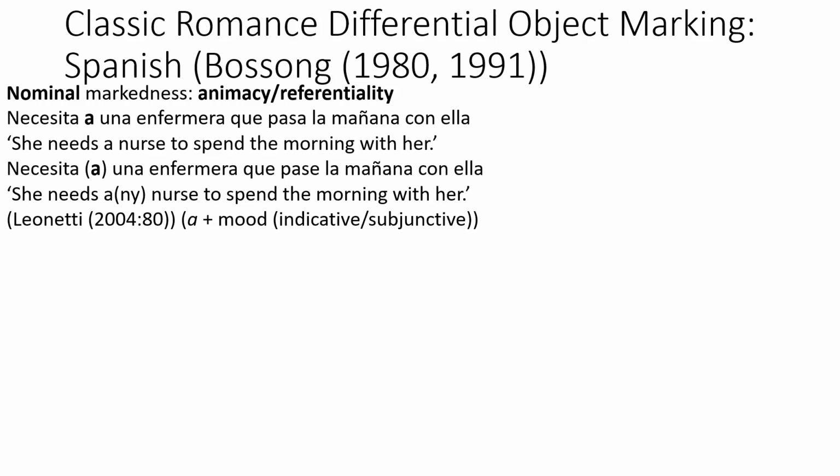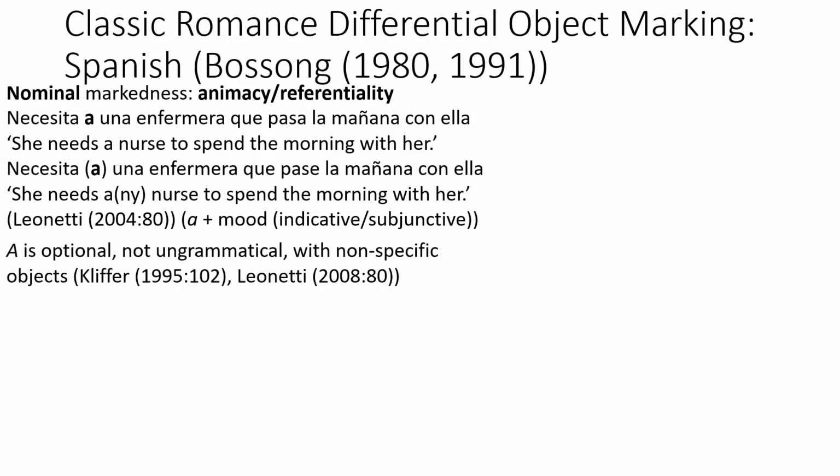If we look at an example similar to the one we saw a few slides back: "necesita a una enfermera que pasa," versus "necesita una enfermera que pase." The subjunctive mood there, which denotes non-specificity, also conditions the use of a. However, the idea here is that a is optional, not ungrammatical, with non-specific nouns.